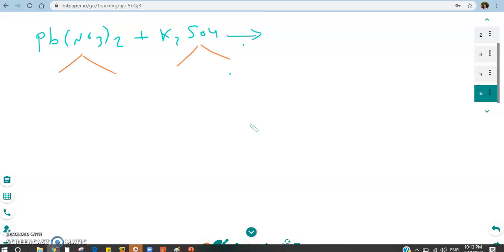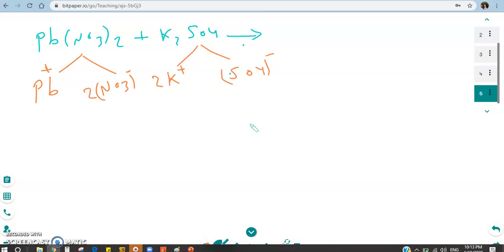So this one will dissociate or ionize into Pb and NO3, two of them, right? And here we will have positive ion K, and then SO4 minus. So this is basically the dissociation here.